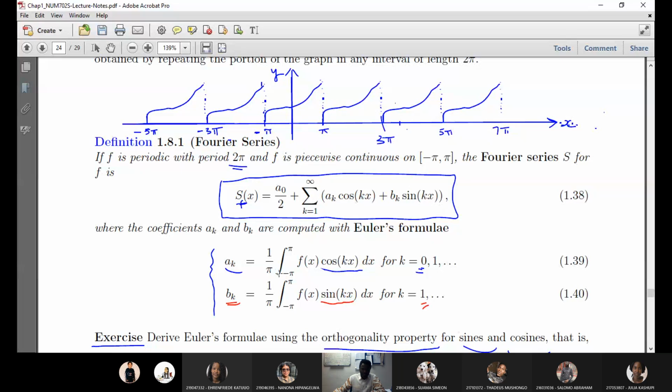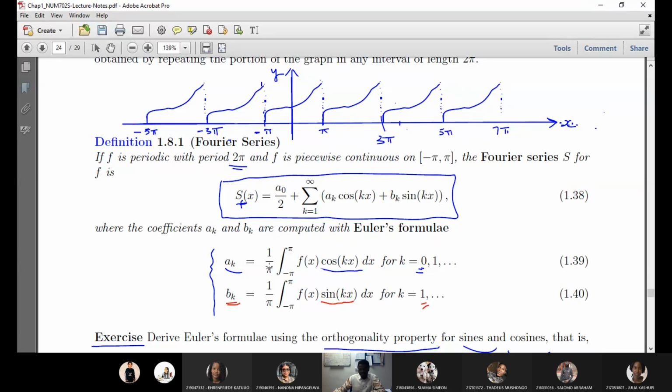But here, this is 1 by pi. So that is the factor.